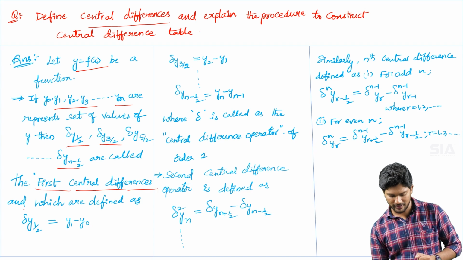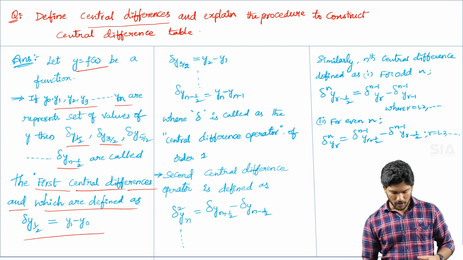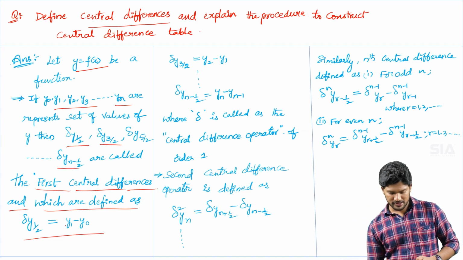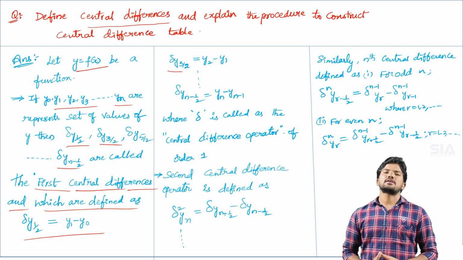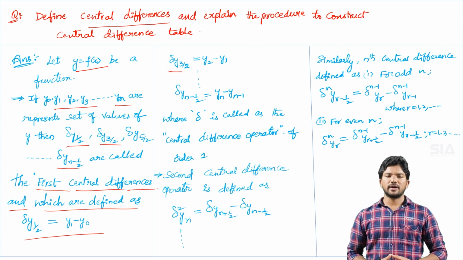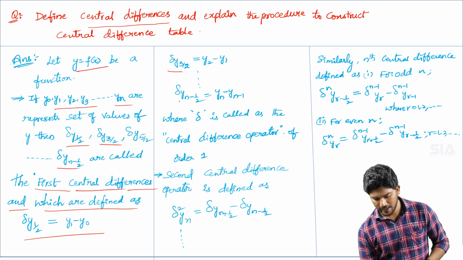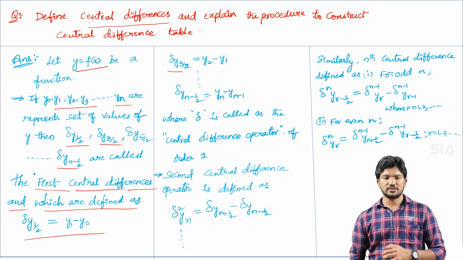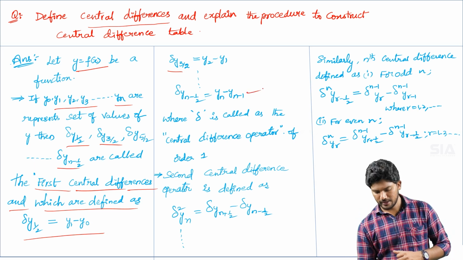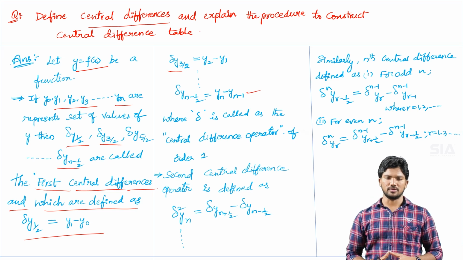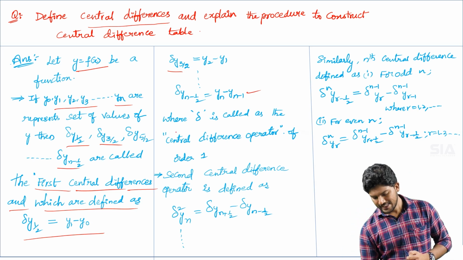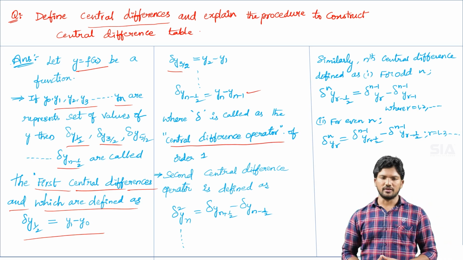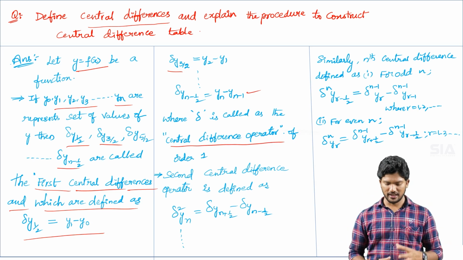First central differences are defined as small delta y 1/2 is equal to y1 minus y0, small delta y 3/2 is equal to y2 minus y1, up to small delta y n minus 1/2 is equal to yn minus y(n minus 1). Where small delta is called the central difference operator of order 1.